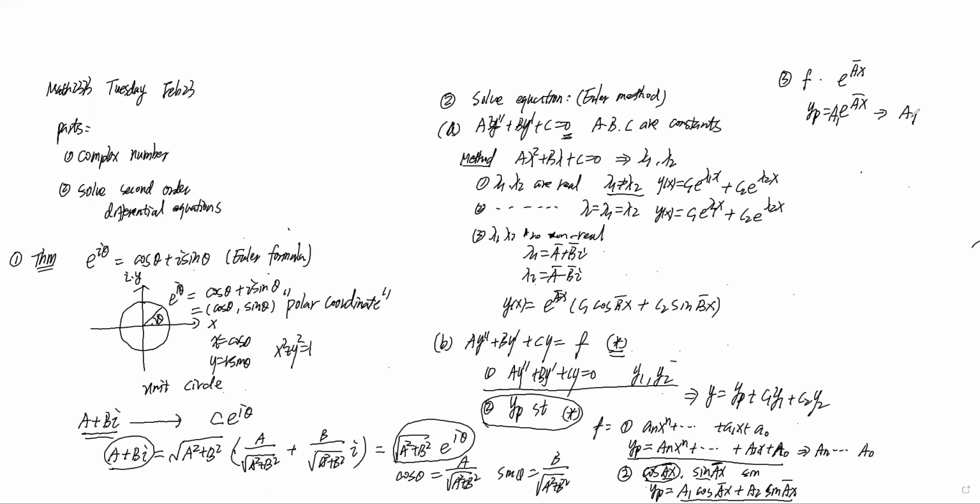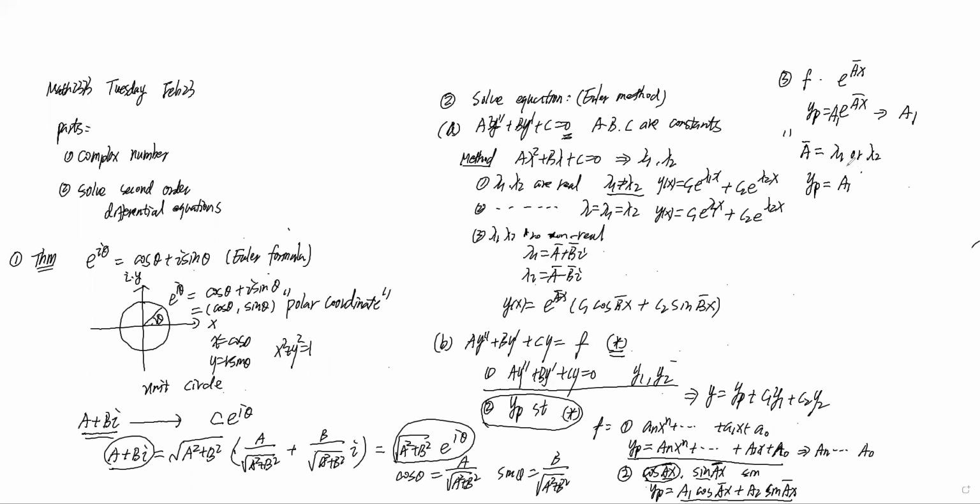But for this case, you have to be careful if sometimes your a bar is equal to, for a special case, your lambda 1 or lambda 2. For this case, you have to assume yp depends on the multiplicity of lambda 1.